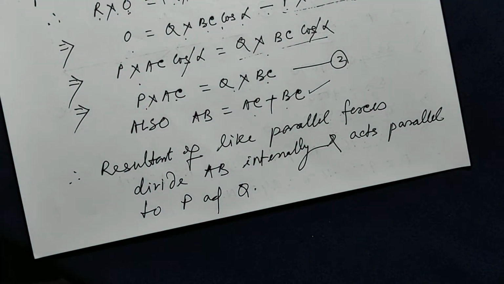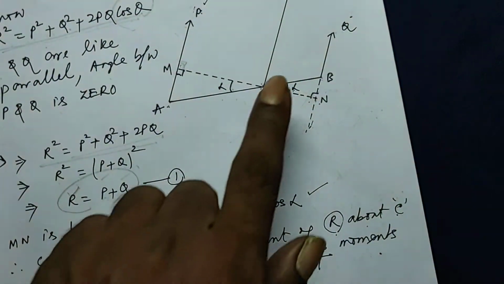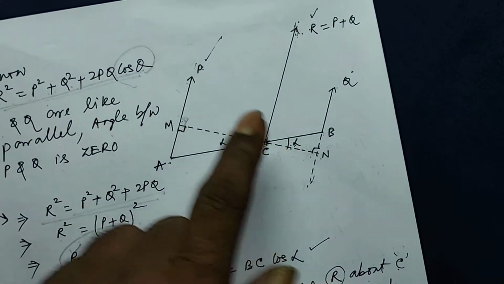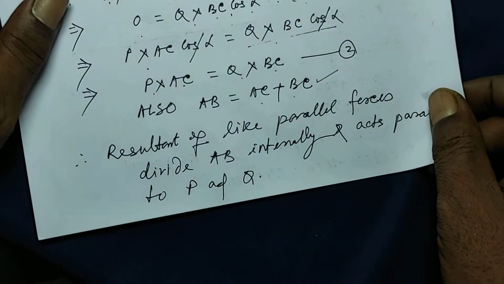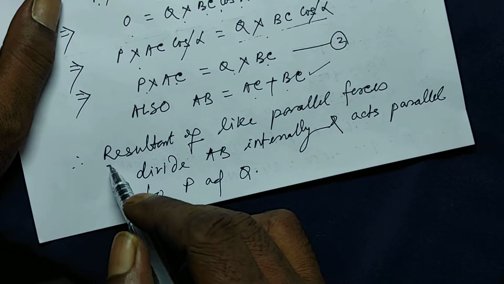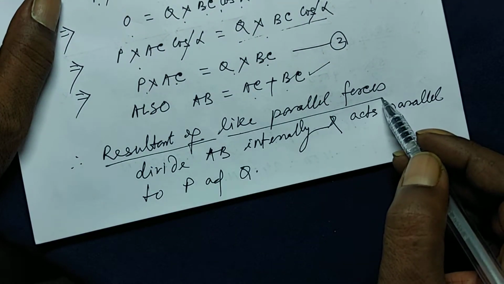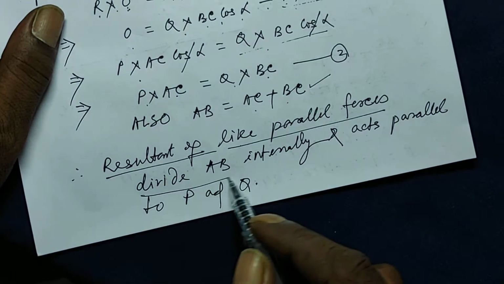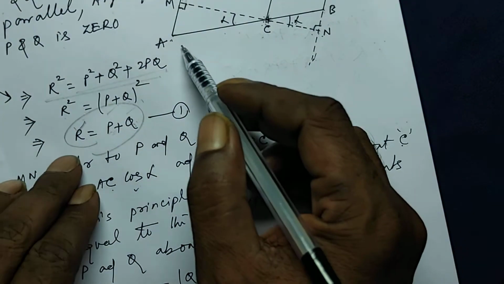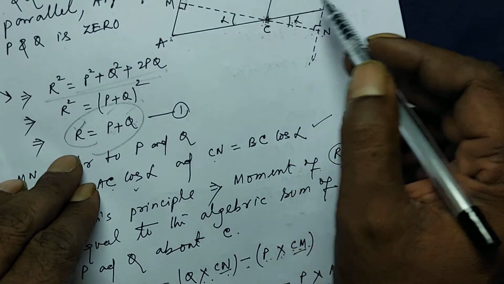So what is the conclusion? That is important, so that we can solve this problem and understand its solution easily. The conclusion I have written here: the resultant of like parallel forces divides AB internally, not externally.